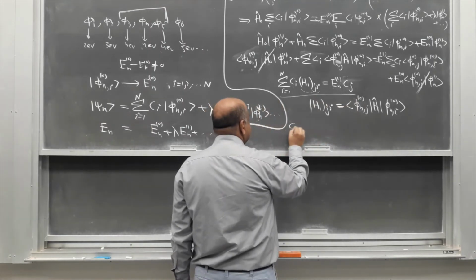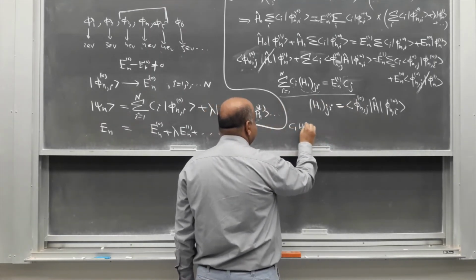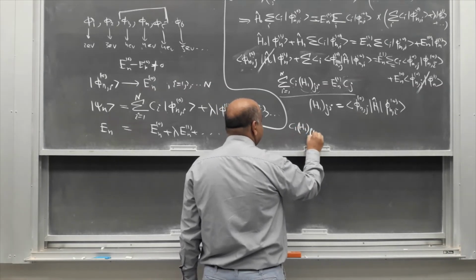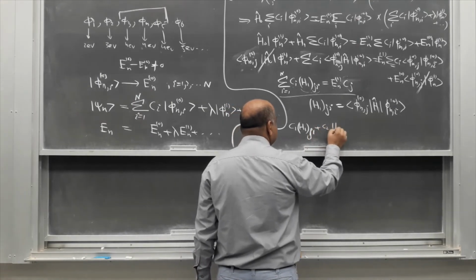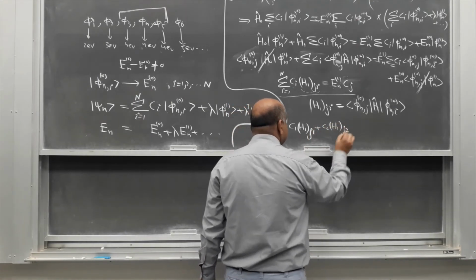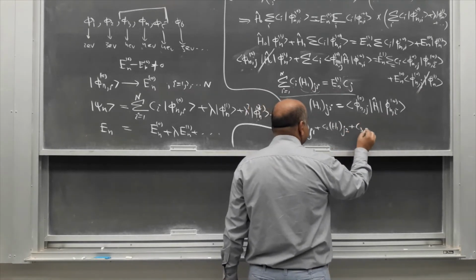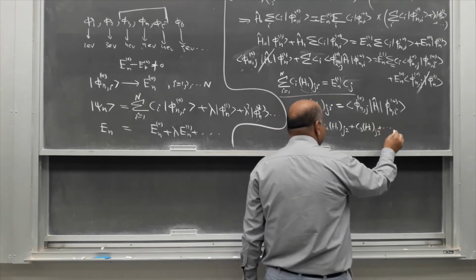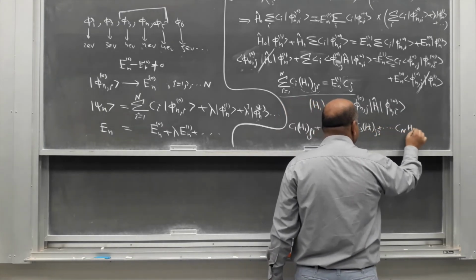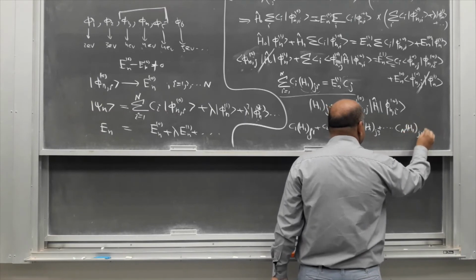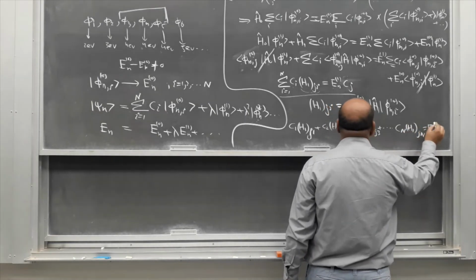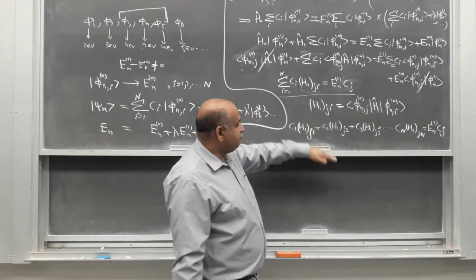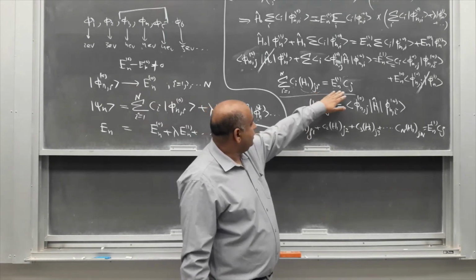This is C1 H1 J1 plus C2 H1 J2 plus C3 H1 J3, and so on, all the way up to Cn H1 Jn, is equal to En1 Cj, where j varies from 1 to n, because j could be anything.